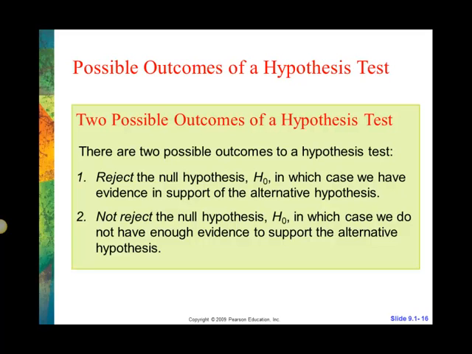We can never prove that something isn't there. We can very easily see that something is there. There's a chance of this, but we never ever accept the null hypothesis. We just either reject it or do not reject it. Okay, those are the very important things to keep in mind.